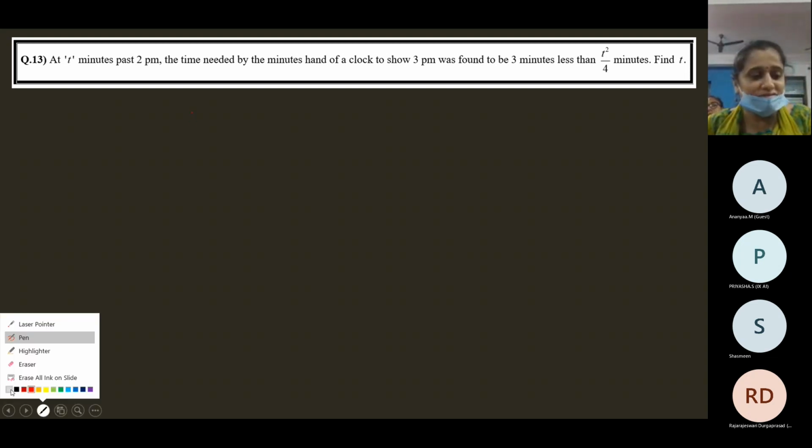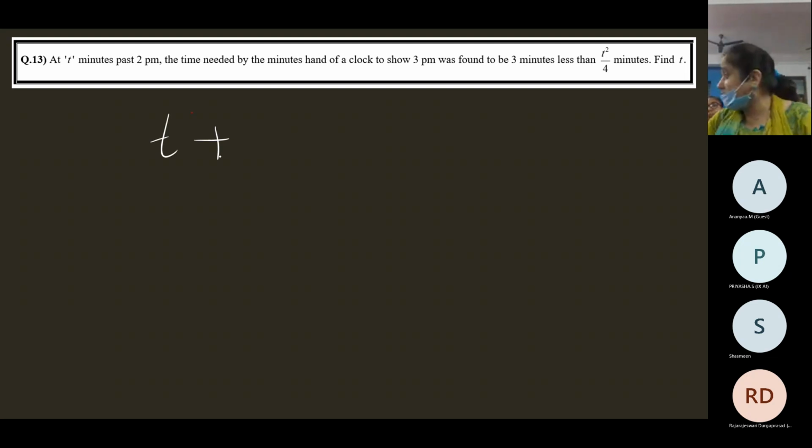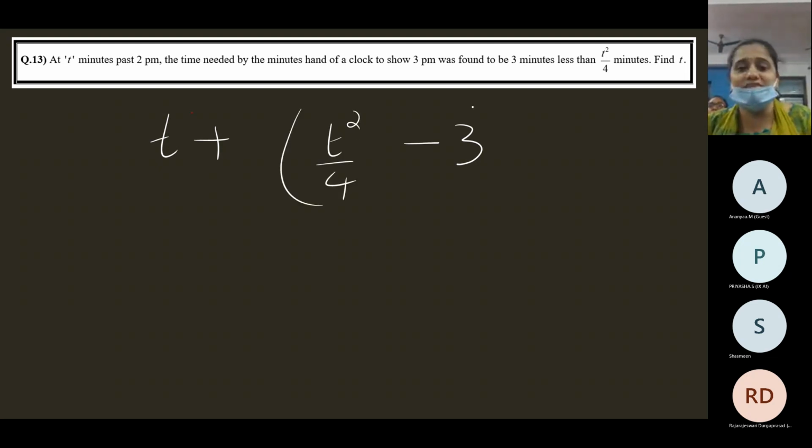So T plus the time needed by the minutes hand of a clock to show 3 p.m., which was found to be 3 minutes less than t square by 4. The sum of these two is equal to 1 hour or 60 minutes. You should write 60 minutes because it's t square by 4 minutes.